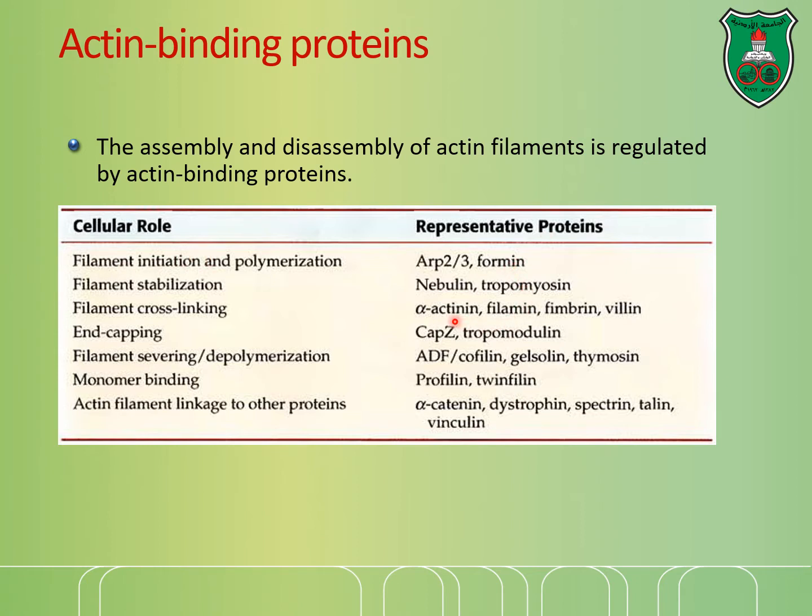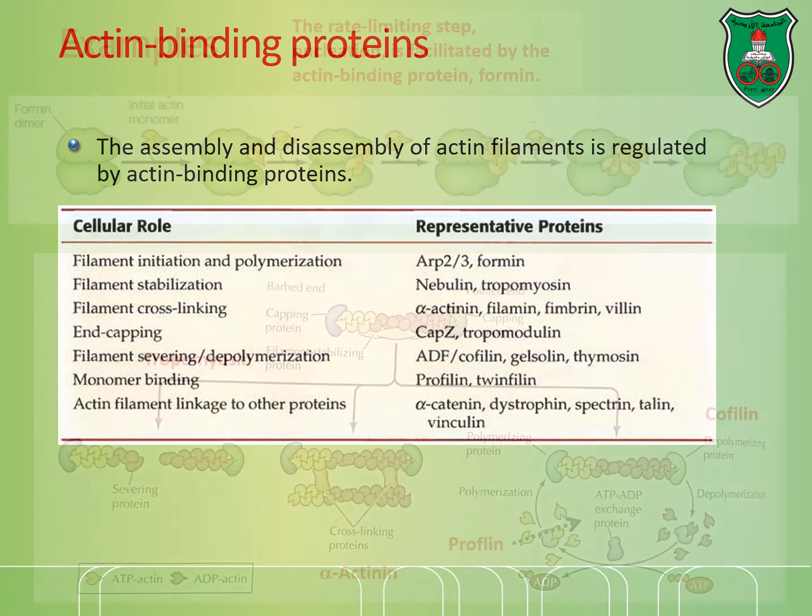We'll talk about actinin, filamin, fimbrin. We'll also talk about cofilin, and so on. Eventually we'll talk briefly about alpha-actinin, vinculin, spectrin, dystrophin, okay, and their functions. Okay, so you can always go back to this table and read it.